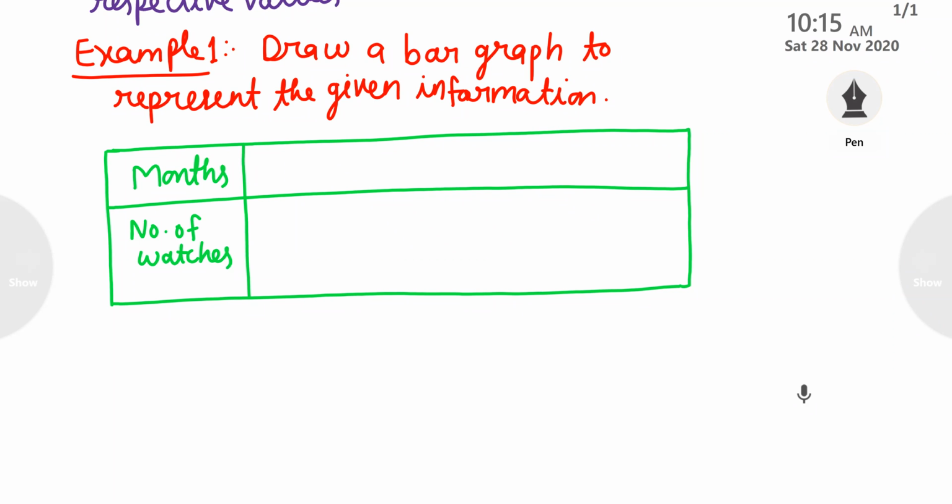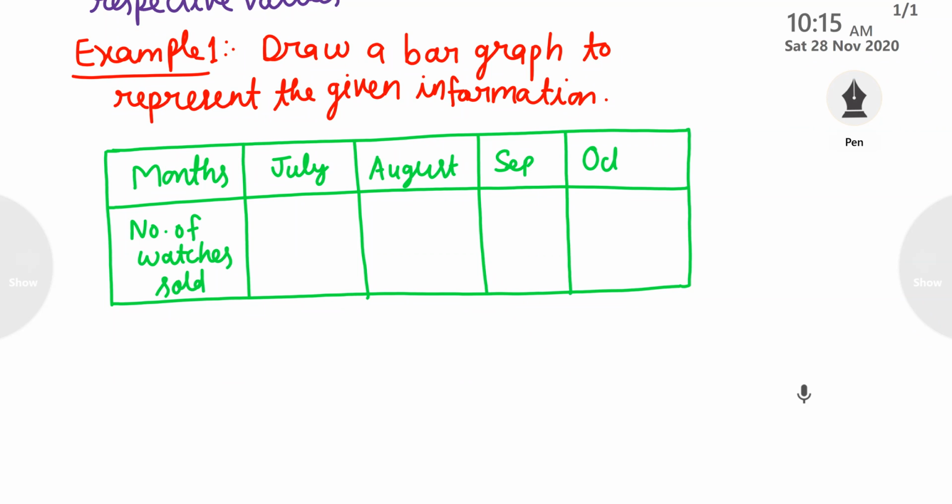Suppose the months are July, August, September, October, and November, and the numbers are 500, 1000, 2000, 1500, and 3000. This data we want to represent by using a bar graph.